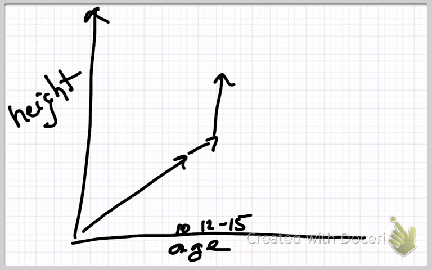And then what happens? Then it kind of levels off until you get really old. Then what happens? Yeah, your vertebrae start to collapse and you actually lose some height. Again, this is exaggerated for the sake of seeing it on the board. If you have a kid who hits puberty early versus a kid who hits puberty late, I want you, in your groups, to draw the graphs on top of this one.